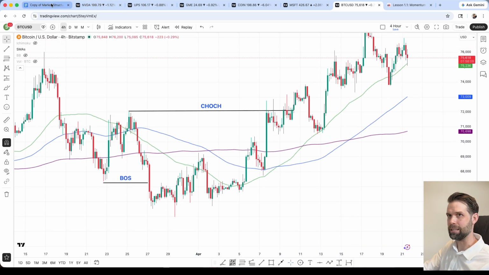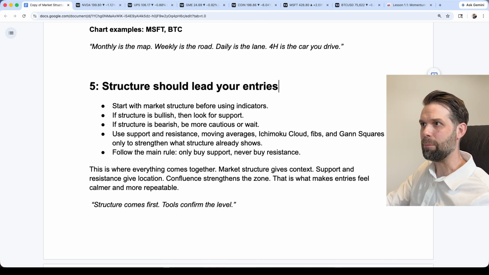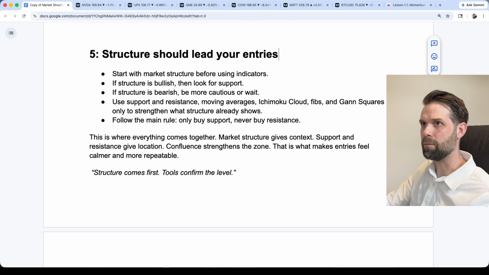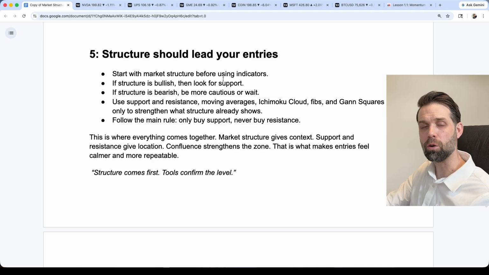So basically, to wrap up this lesson, the last point is just that structure should lead your entries. So we want to start with understanding market structure. If the structure is bullish on the various timeframes that you're interested in, then we can look for support through some other tools.